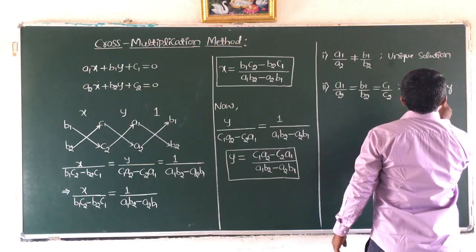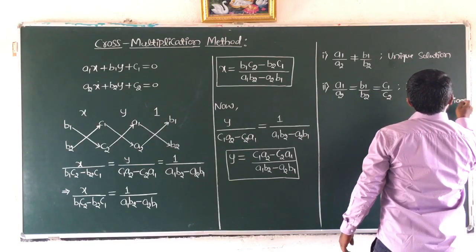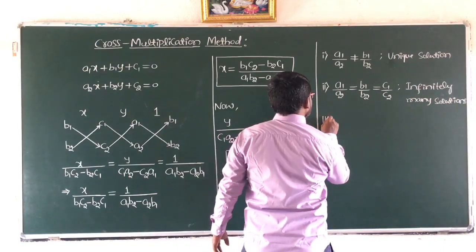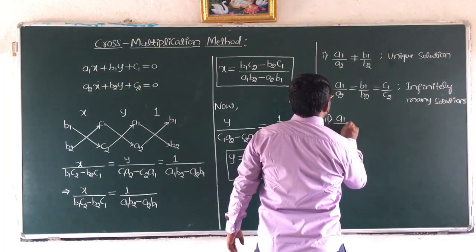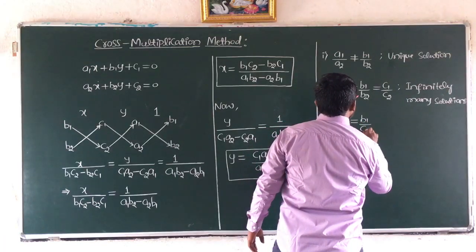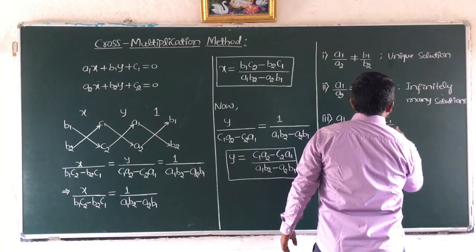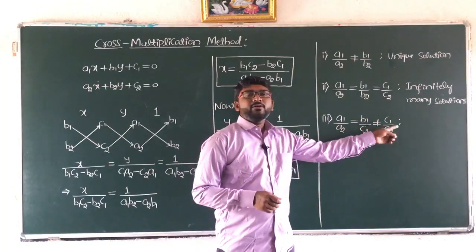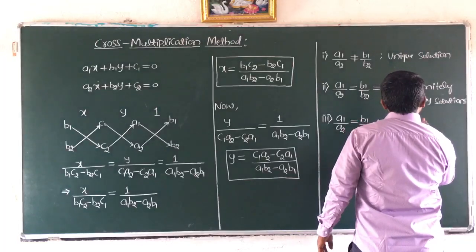Now the third condition is a1 by a2 equals b1 by b2 which is not equal to c1 by c2. If this is the condition, then we have no solution, or the lines are parallel. So it is no solution.